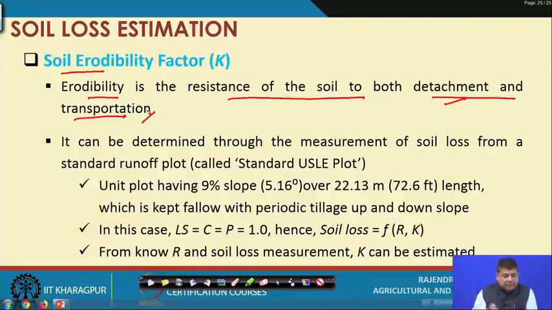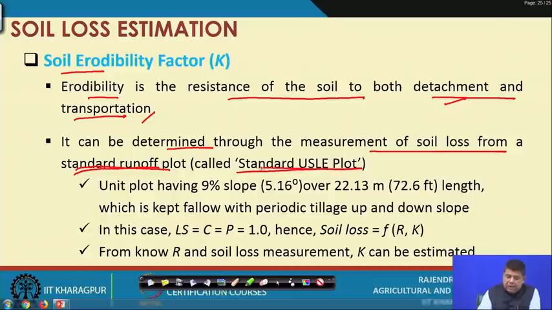So, erodibility represents that, and it can be determined through measurement of soil loss from a standard runoff plot. So, you have to do some kind of experimentation in order to find out the applicable value of the soil erodibility factor. When we say standard runoff plot, it is also referred to as the standard USLE plot, and there are certain standards, and that is why it is called standard.